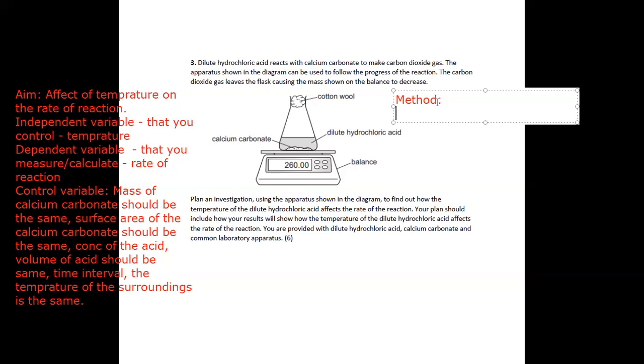So first thing you're going to do is set up your apparatus, right? After setting up your apparatus, measure out, let's take 25 centimeter cube of acid using the pipette.